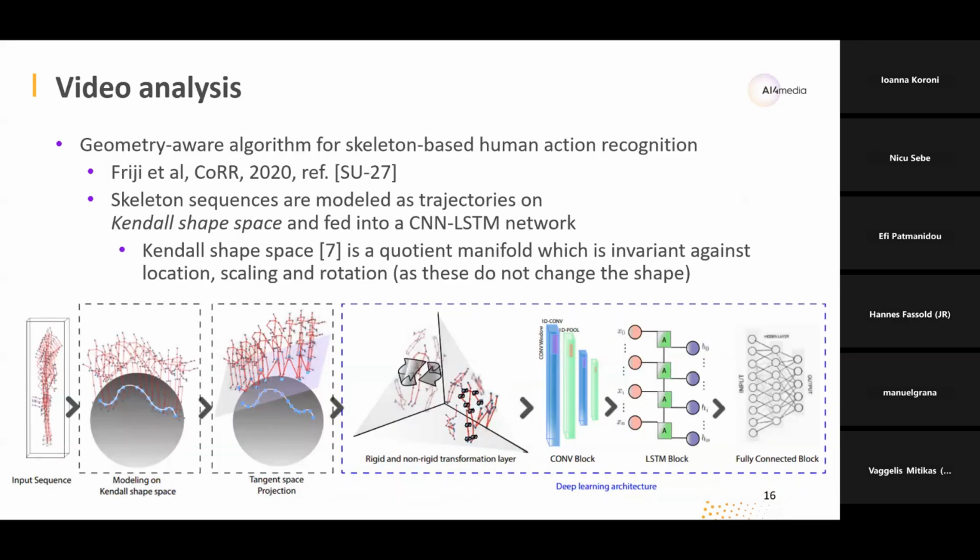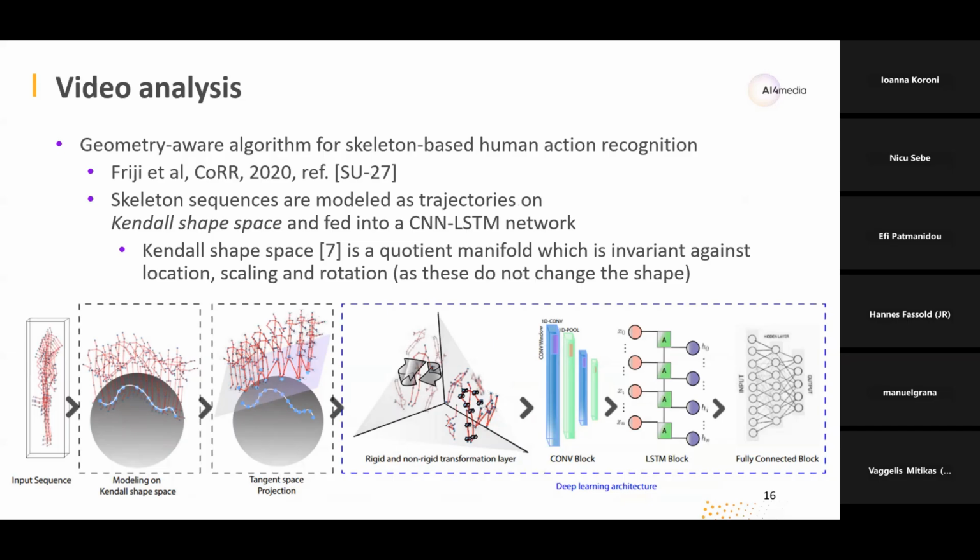Skeleton-based human action recognition is a prime example for the usefulness of graphs in neural networks.